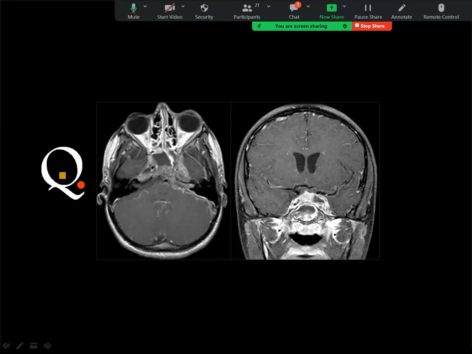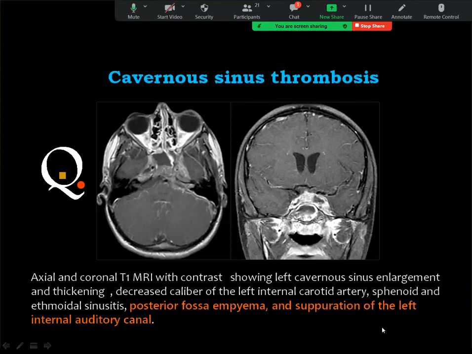the cavernous sinus. But it's important to understand that the sinus may be totally thrombosed and is still homogeneously enhancing. And sometimes it is not enhancing at all. But the clue for cavernous sinus thrombosis is the presence of the cause, which is commonly the sphenoidal sinusitis.